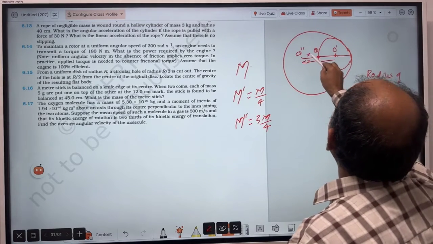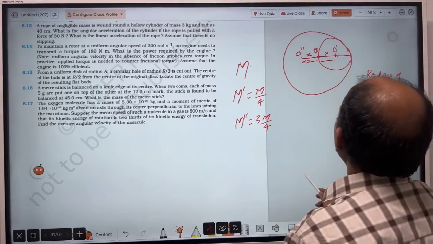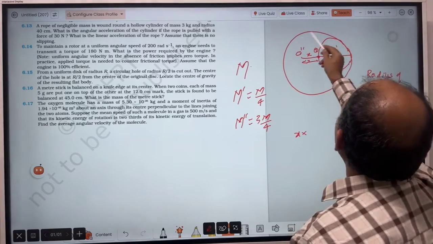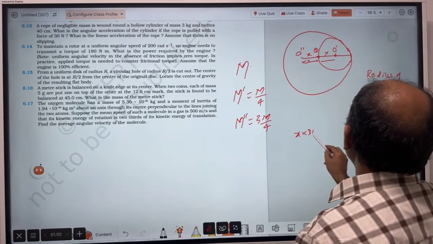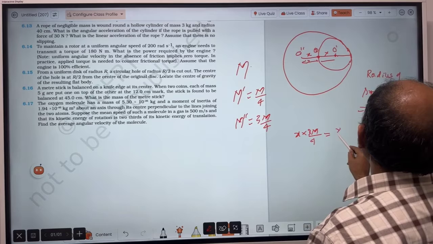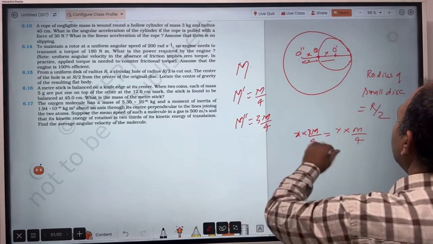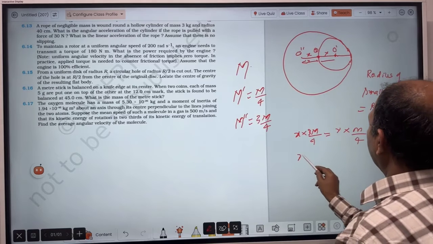So you can say, suppose we take this x, this we take y. Here again the same thing we do: x times the mass of the remaining disk, that is 3M by 4, must be y times M by 4, and then our concern is to get what is x.